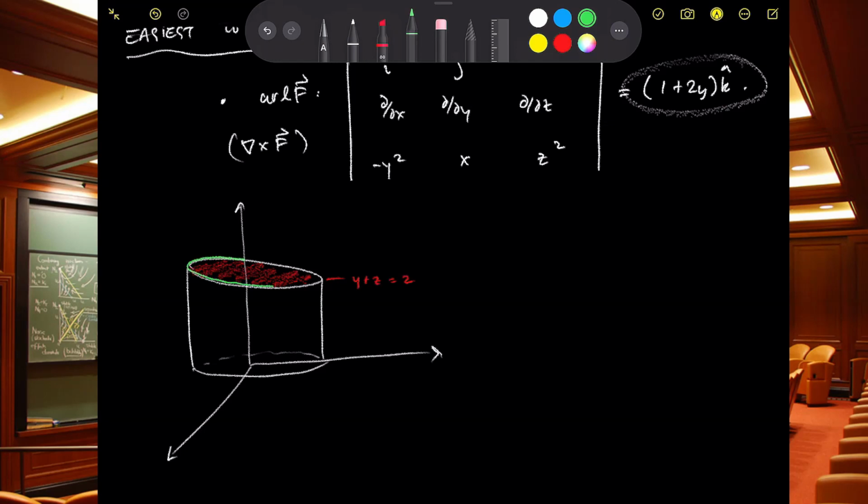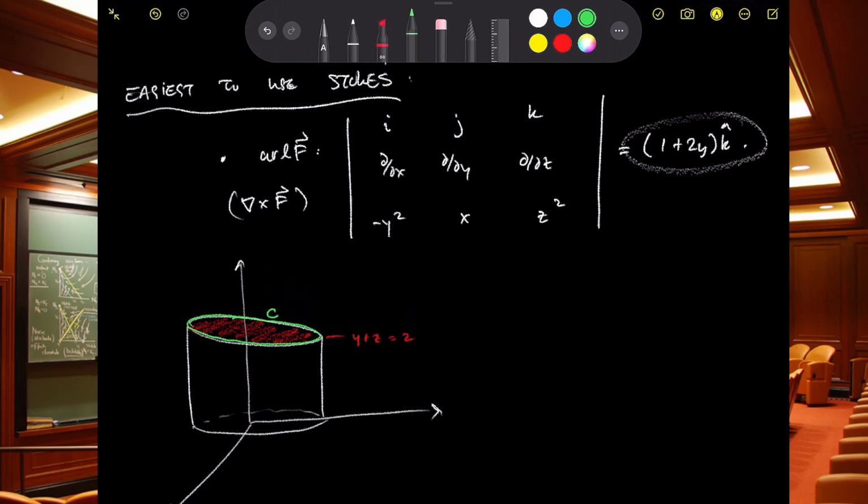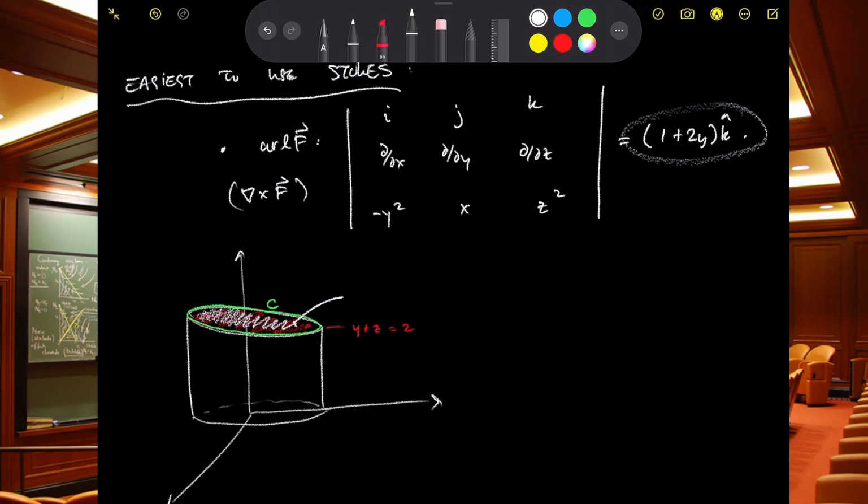They intersect in this curve, which we're calling C. What's interesting, and we have to notice it here, is that the boundary is the only thing that really matters. The surface inside the boundary can really be anything, and so there are many surfaces that can work. So we always will choose a convenient one.